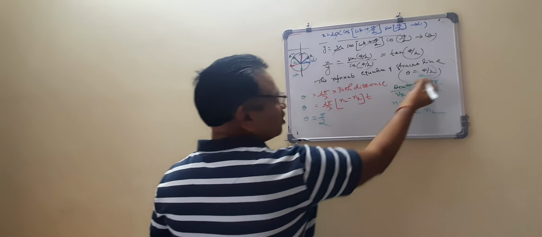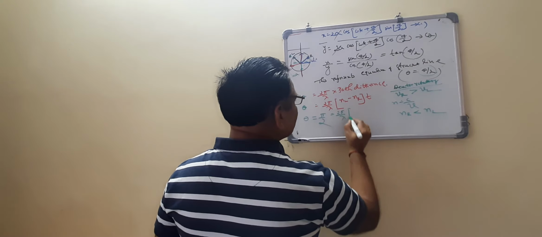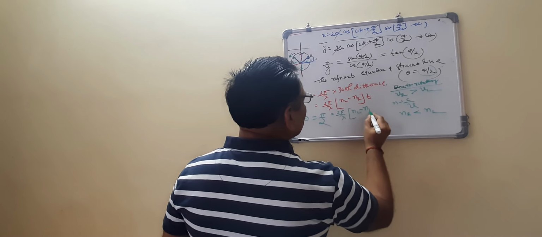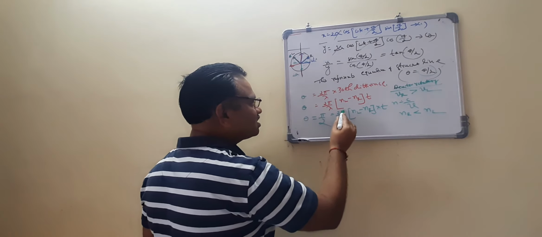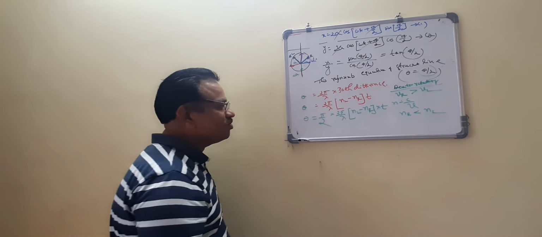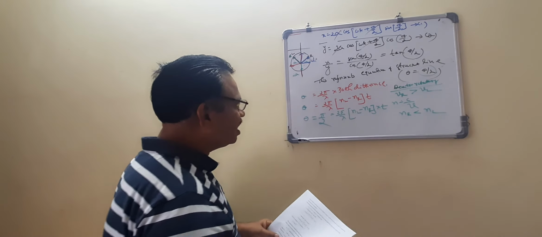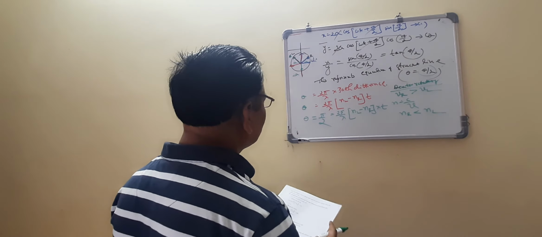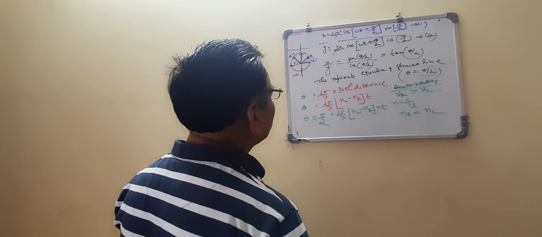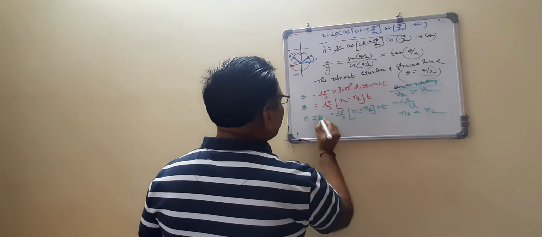I equate it: theta equal to 2 pi by lambda into NL minus NR into t. One minute, theta is not pi, it is pi by 2.